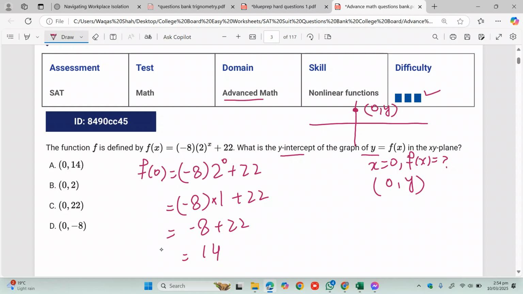It means that f of 0 is equal to 14, and we can write this in coordinate form as (0, 14). When x is 0, f of x is 14, or when x is 0, y is 14. So (0, 14), so A is the answer.